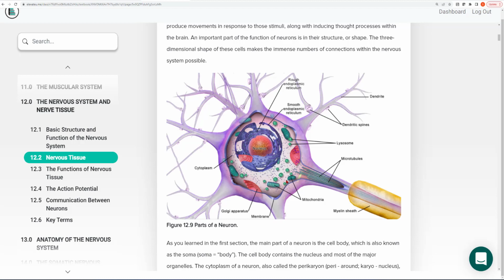And the first thing I want you to notice is how a neuron is similar to all of the other cells we've described, or most of the cells. So here we have a nucleus, right? This nucleus is surrounded by a nuclear envelope, just like we're accustomed.